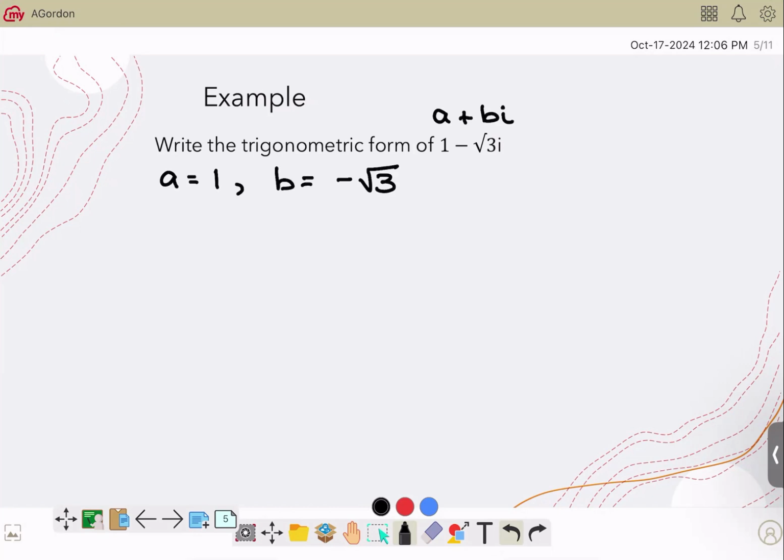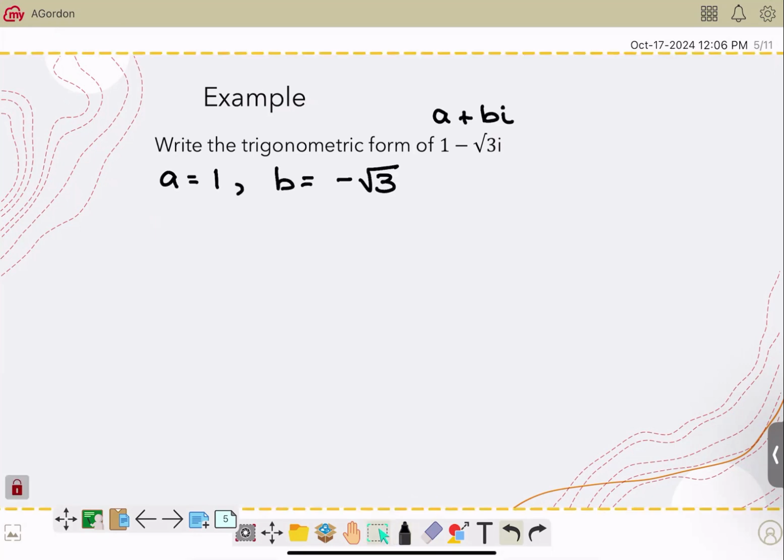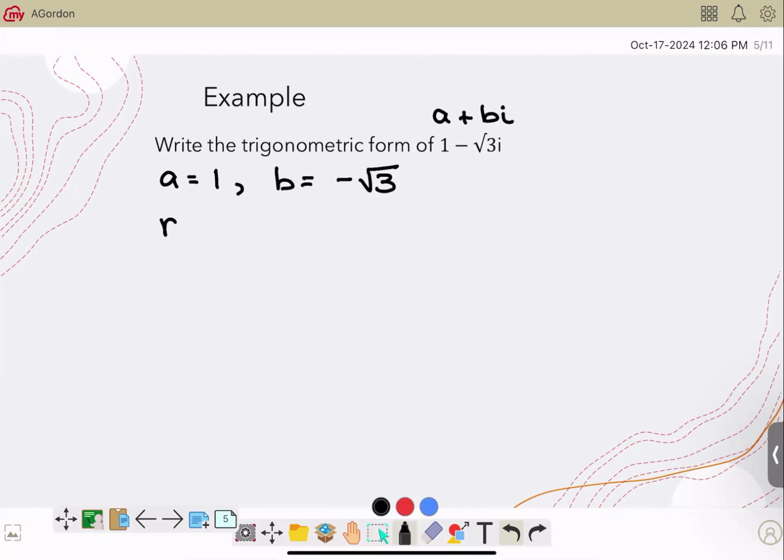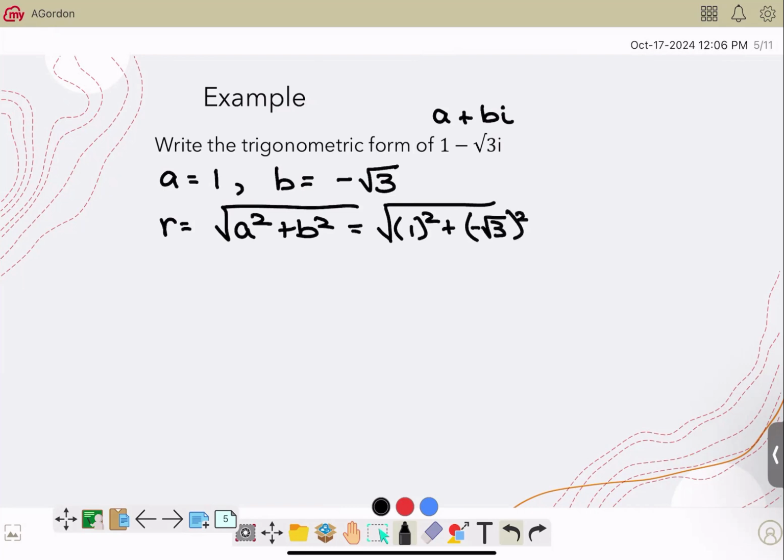And I need A and B to find R. R is equal to the square root of A squared plus B squared. So for this problem, that's the square root of 1 squared plus negative square root of 3 squared. Simplifying that, I've got the square root of 1 plus 3, which is the square root of 4, which is equal to 2. So R is equal to 2.